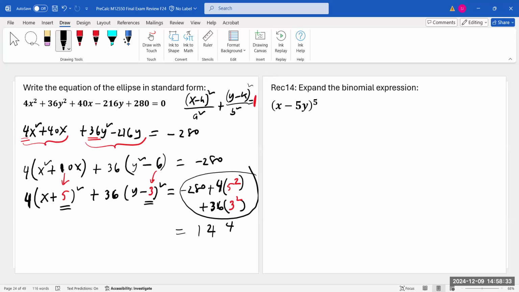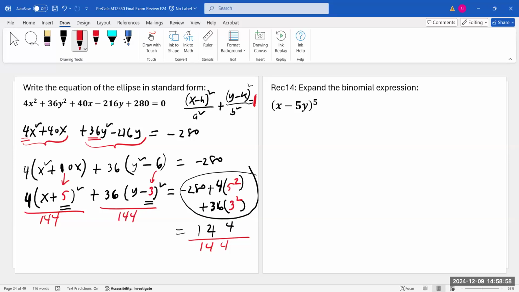Remember, an ellipse has to have 1 on the right side, so we need to divide every term by 144. And actually, I want to check.